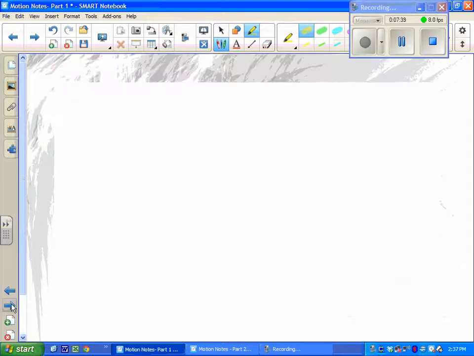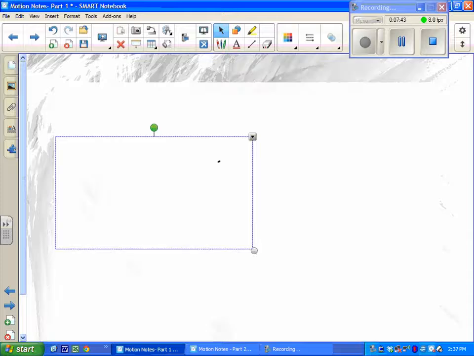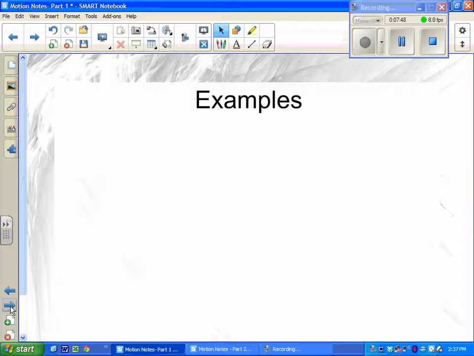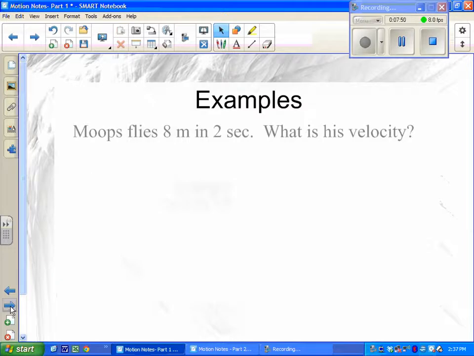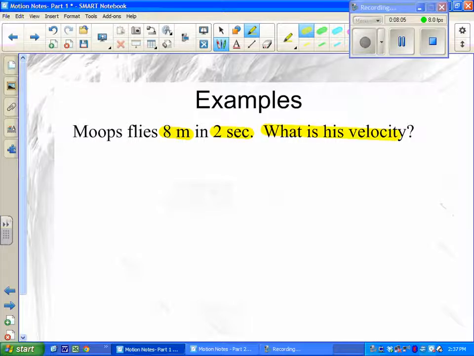Okay, let's go to the next slide. Let's look at an example. Moops flies 8 meters in 2 seconds. What is his velocity? And for all these problems, we're going to identify what we know. We know 8 meters, we know 2 seconds, and we're trying to find his velocity.